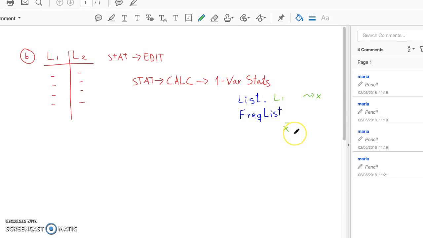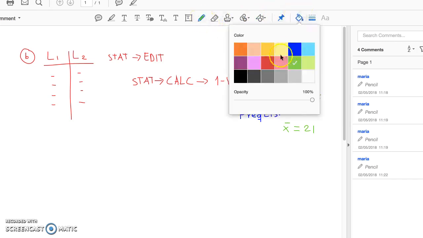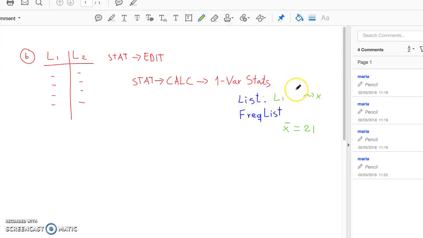You calculate, and among a lot of other information, you get the mean of the X, that is 21. So you need to repeat the same procedure again, stat calc 1 variable statistics, but this time you should use another list. You should use list 2, so you replace this.